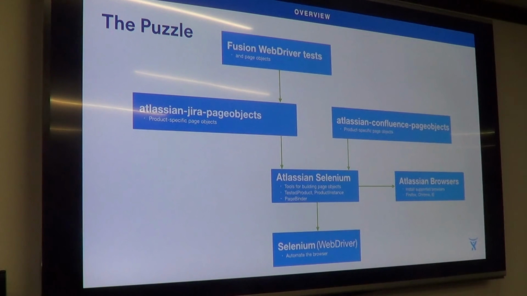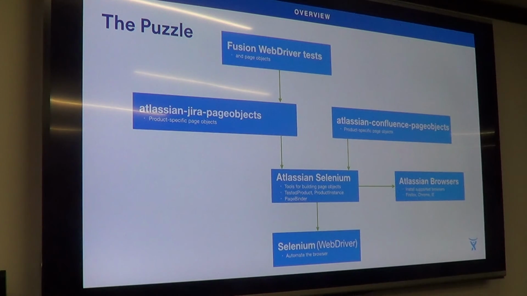And then the other thing is, it depends on the actual Selenium project, which is also known as Webdriver, which is the browser automation framework that we're using, and it provides some APIs on top of that to hopefully make it a bit easier to use.